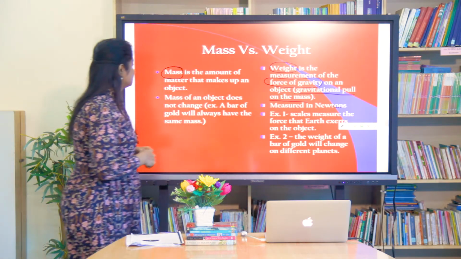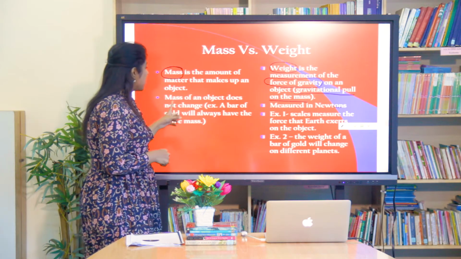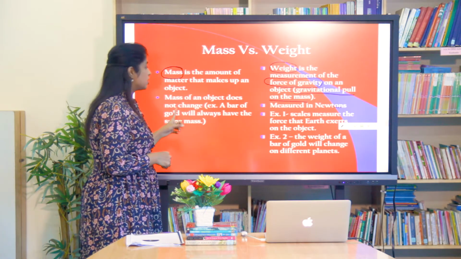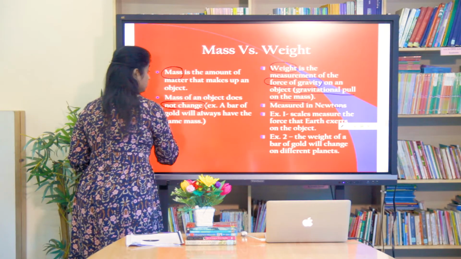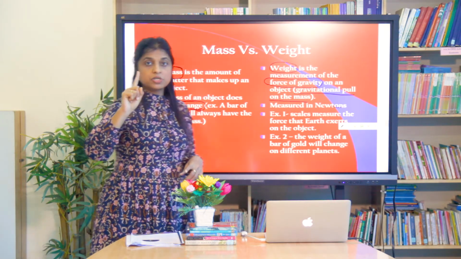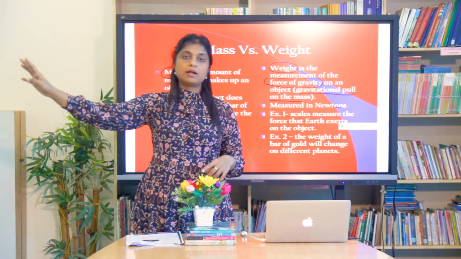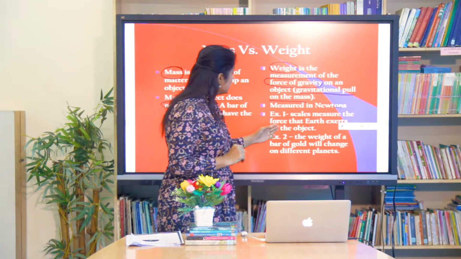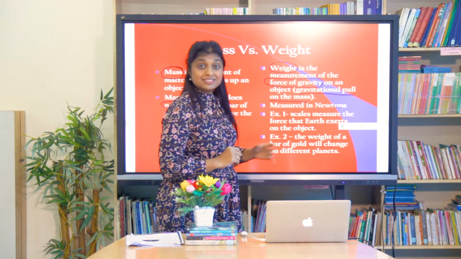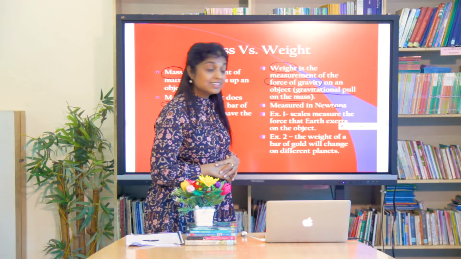Okay? Number 2, mass of an object does not change. Mass of an object, you go anywhere, will not change. But whereas weight changes, isn't it?